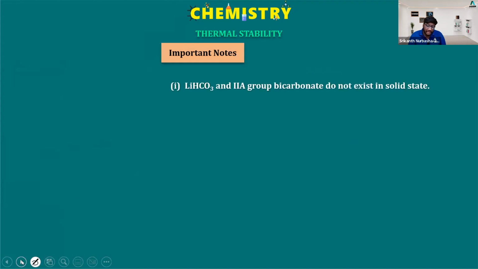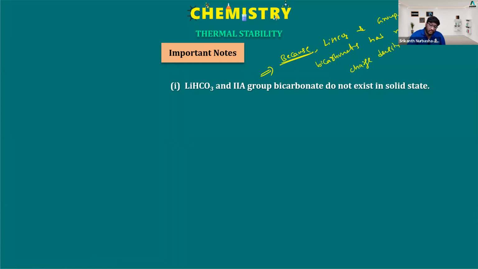Next important point: LiHCO3 and group 2A bicarbonates do not exist in solid state. Why? Because LiHCO3 and group 2A bicarbonates have more charge density and thus are highly hydrated, and thus hydration enthalpy is dominant.